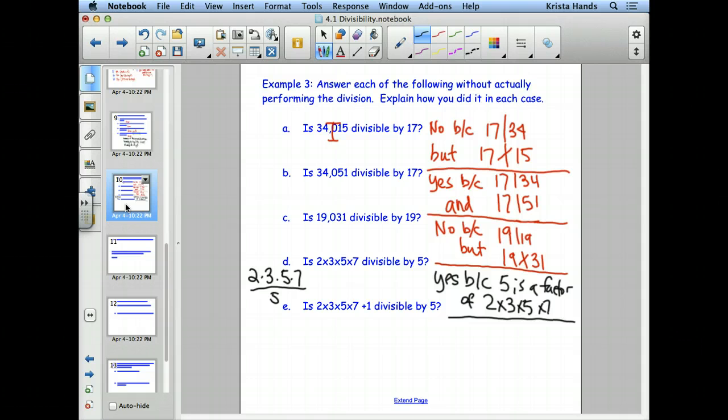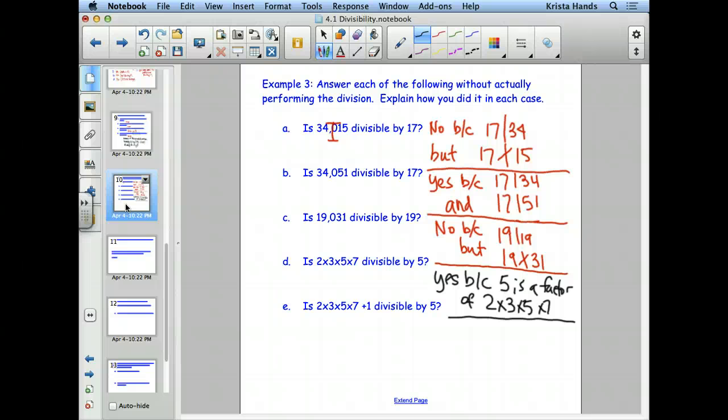What about the next one? Definitely not going to work. Why not? What happens when I add one? Well, what was it? A 1 or a 6, right? This is exactly off by 1. Whatever the number was originally, it had to have ended in a 0 or a 5 because it had a factor 5. You add 1 to it, now it has to end in a 1 or a 6, so it's not going to work.